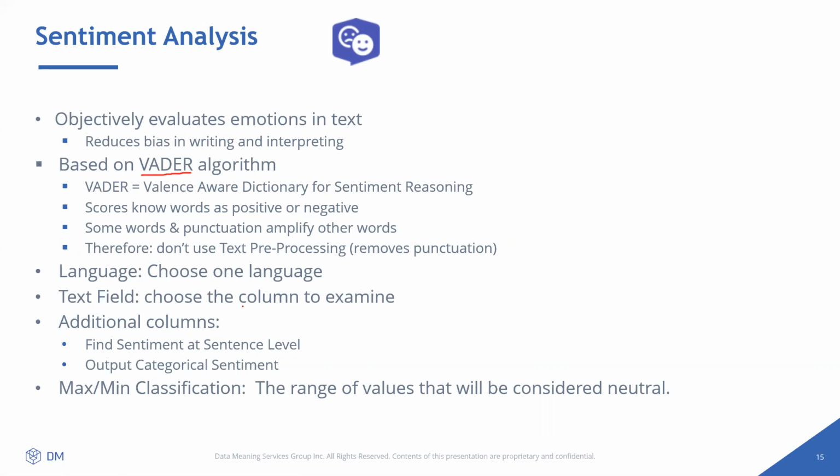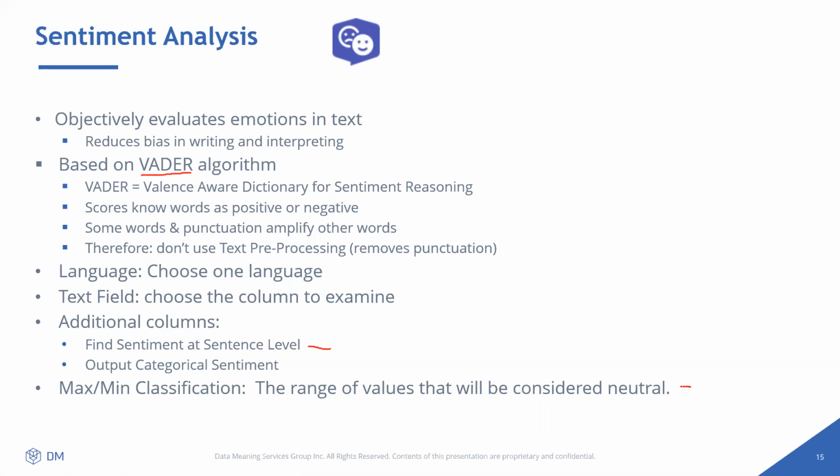And it also gives you some additional information that you can put in, whether you want the sentiment to be on an individual word level or at a sentence level. So if you want to see if the sentences that they're using are positive, you can select the option to find the sentiment at a sentence level. Max min classifications, right?